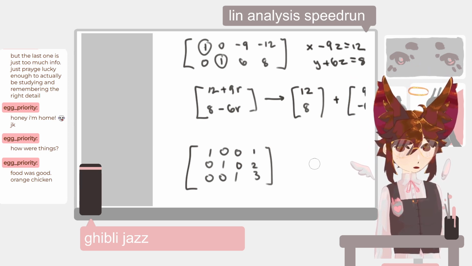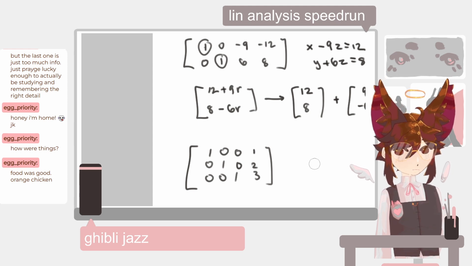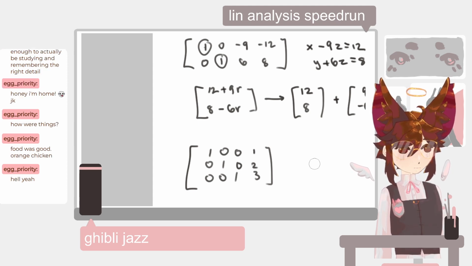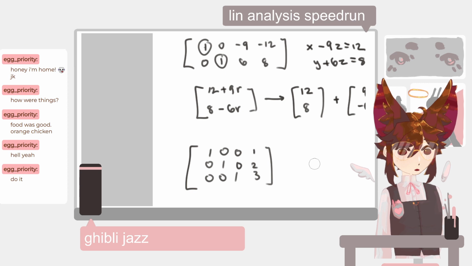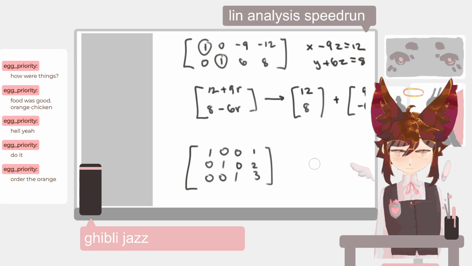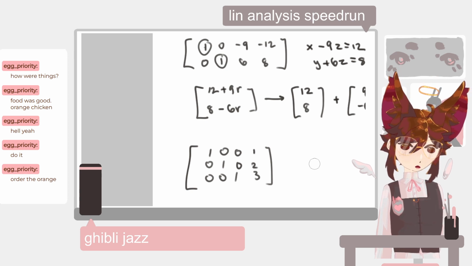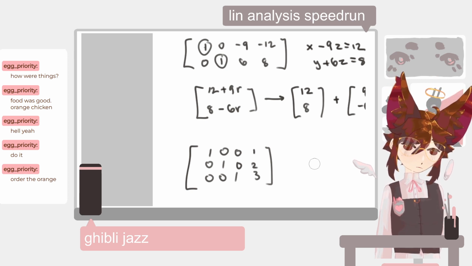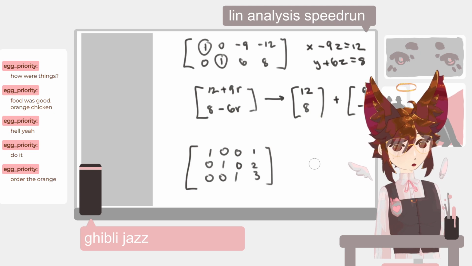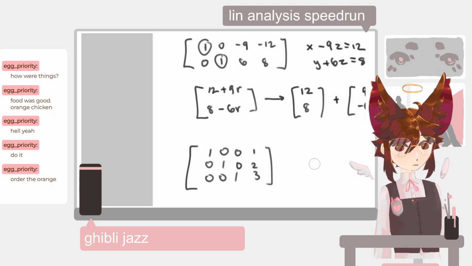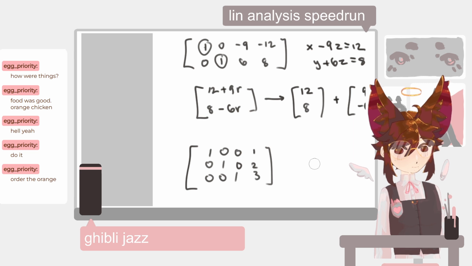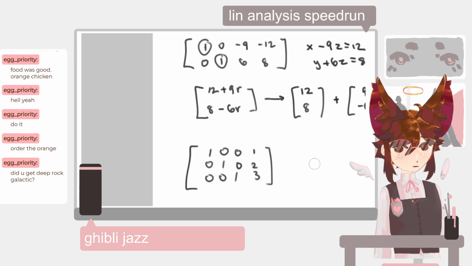No, I have to stream. Got distracted. Order the orange? I'm gonna order the orange. It's an on-campus place that has orange chicken, so I don't have to go far to get it. I'll probably order it around 6 when I finish streaming. Let's see if they still have it.